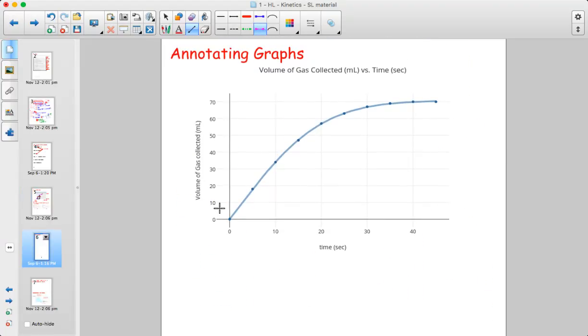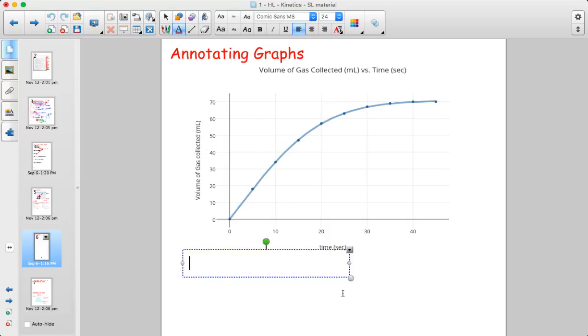A lot of questions have you annotate graphs. So they'll give you a curve like this, where this is the volume of gas being collected over time. You can see it takes this characteristic shape of increasing more quickly at first and eventually plateauing. And then they'll say, well, what would it look like if we increased the temperature?